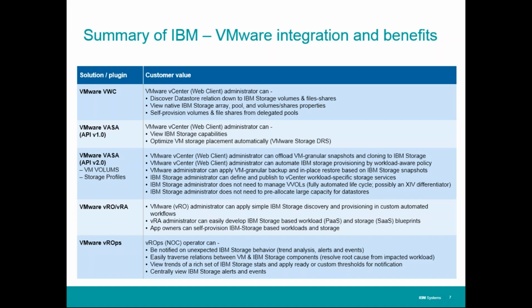And when you start thinking about vROps, again, a central view of IBM storage alerts and events, able to view a rich and critical set of trends through the IBM storage stack. All those things are delivered as a function of all the core integration that goes into delivering a fully supported platform that is a core piece of the infrastructure run by thousands and thousands of customers on the global level.